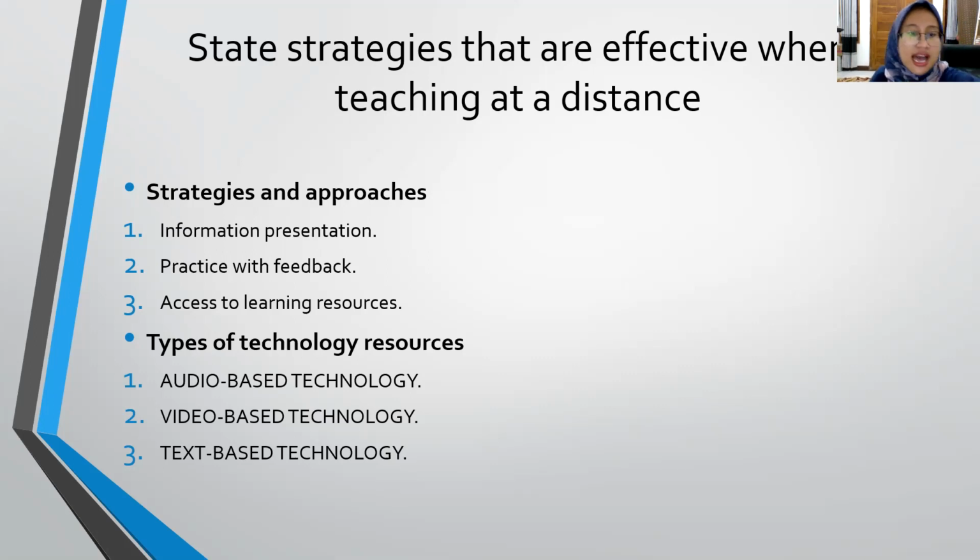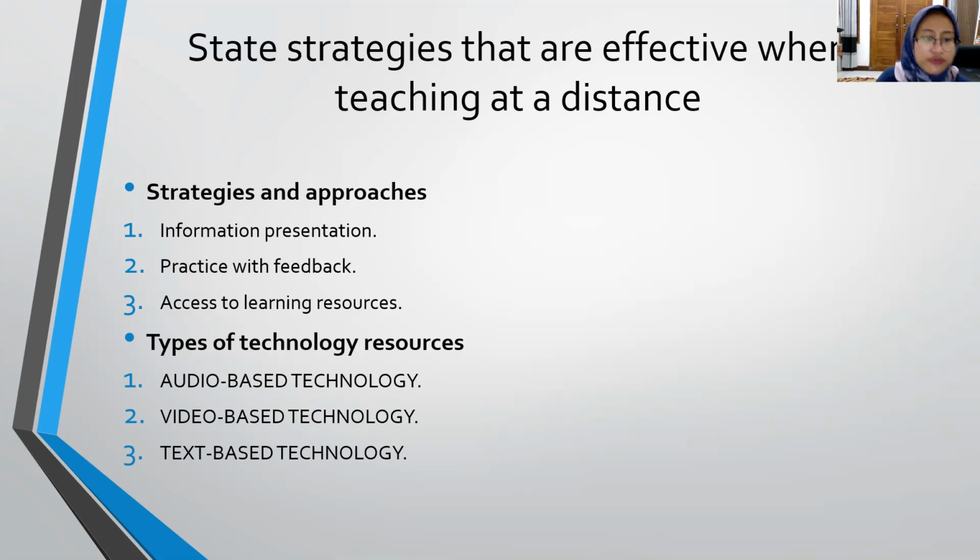Number three, access to learning resources. You will need to be certain your students can get to the resources in order for them to be successful in their learning. For example, text material like books, textbooks, worksheets, like that.